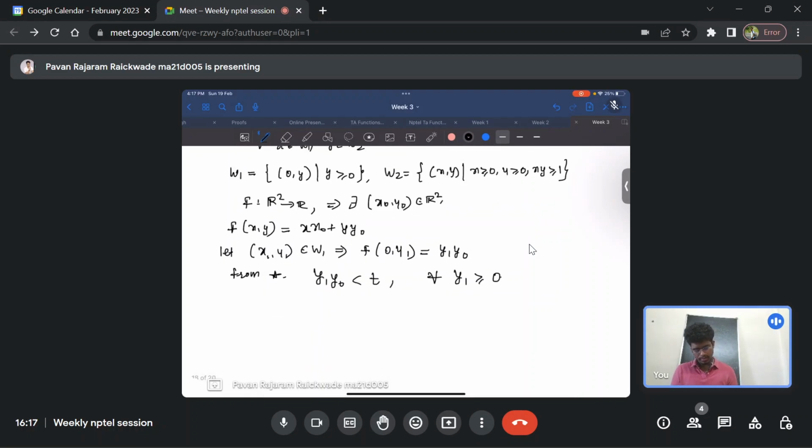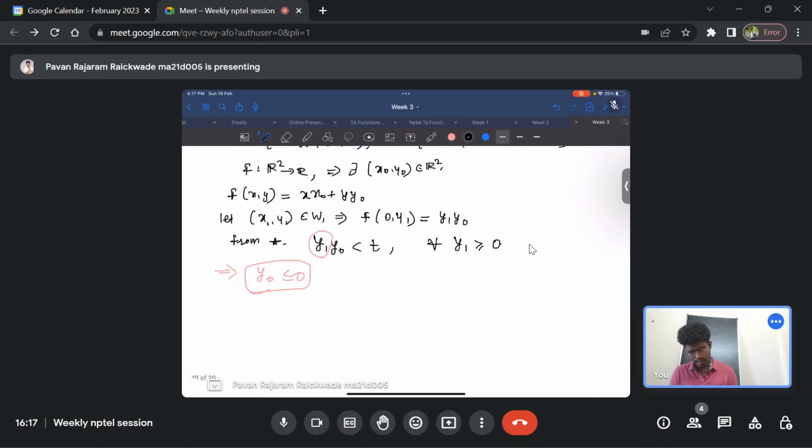From this we can say that y0 has to be ≤ 0, because if not, then by the Archimedean property we can find a y1 such that y1·y0 is strictly greater than t, because t is a fixed real number. So y0 has to be ≤ 0. That's the first thing.